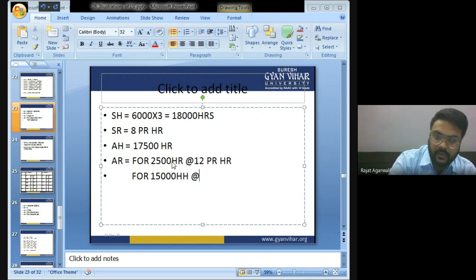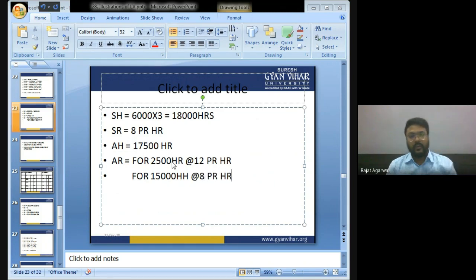Out of the total 17,500 hours, 2,500 hours will be paid at the rate 12 per hour, and 15,000 hours will be paid at the rate 8 per hour.